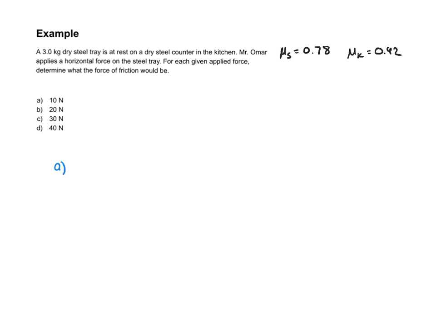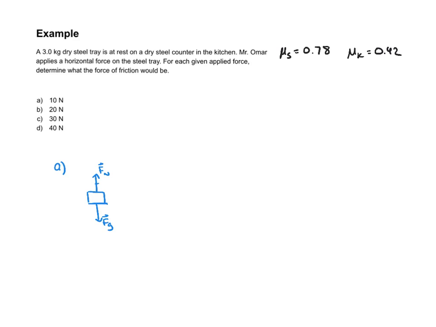So just to show you with the free body diagram what's going on, this is the tray, and the tray has a force of gravity on it, downwards. It has a normal force from the tabletop upwards on it.